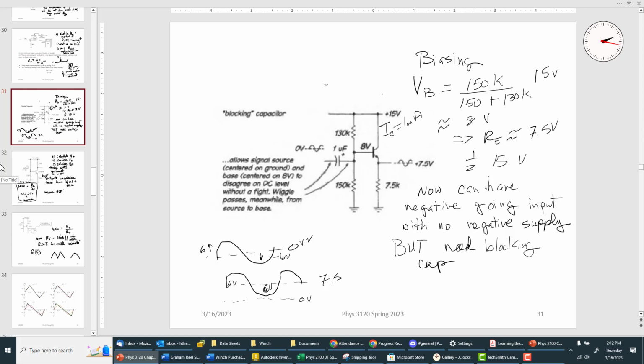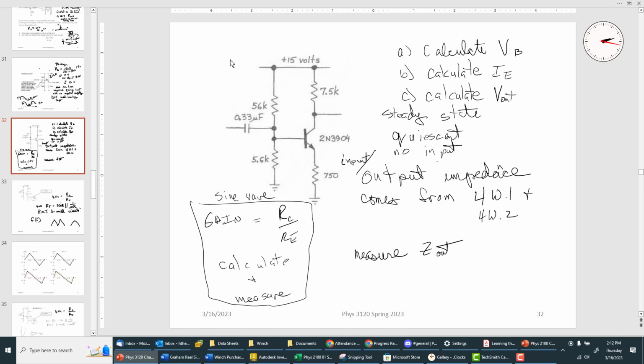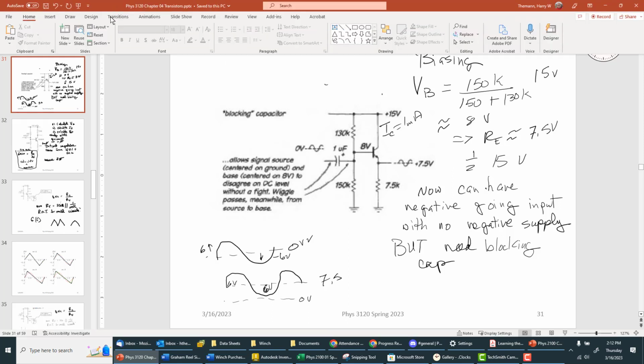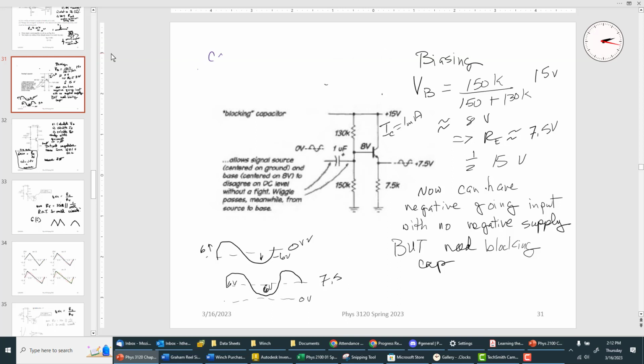I don't know if I was absolutely clear on Tuesday. So you should calculate V bias, which is also V base in this case. Measure it.